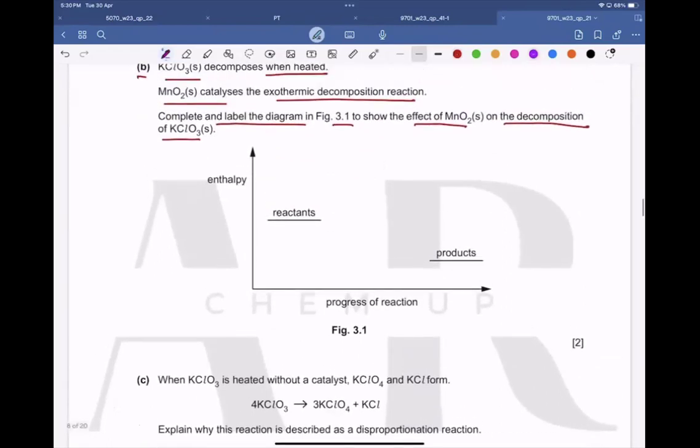So we are going to make one like this. Obviously, that is without MnO2, or you can write without catalyst. And then another one like this.